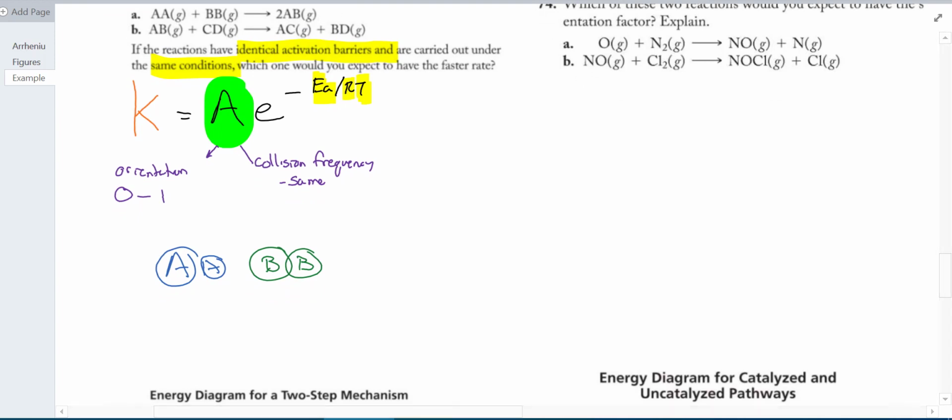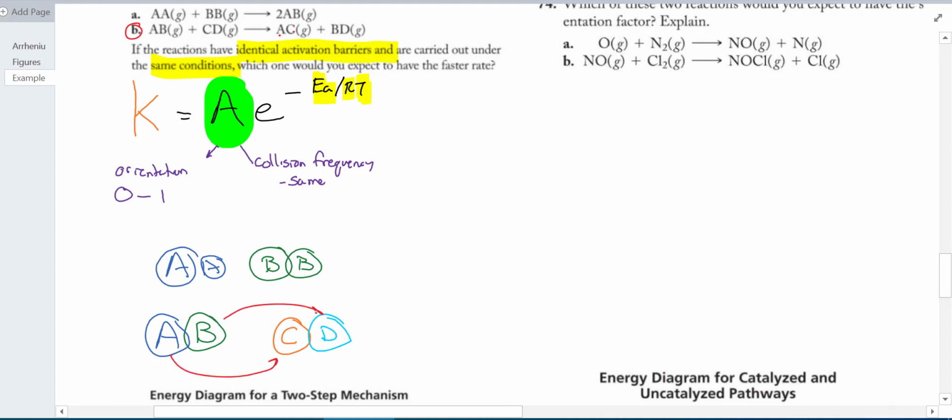Versus A, B, C, and D. Now for equation B, A and C have to hit each other. So A and C have to hit, and B and D have to hit. One of those two, right? So if B and C hit, it doesn't work.